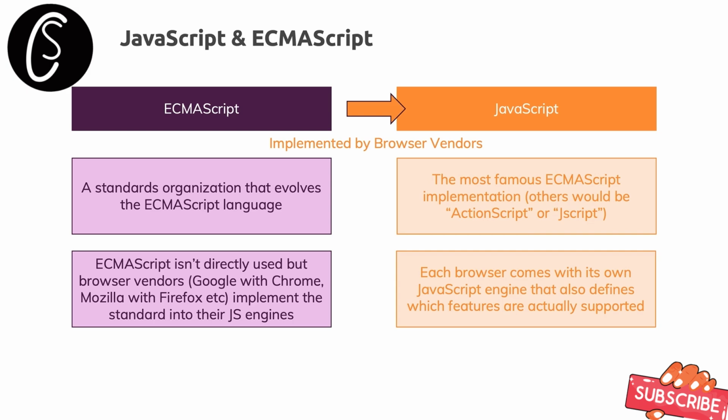So whilst discussions might still be going on over final implementation details, browser vendors could already go ahead and implement a certain feature in their engine already, so that you can already use next generation JavaScript code earlier in one browser than in the other. And that's also something I'll come back to in the browser support module, where you will learn how to use next-gen JavaScript when writing your code and still ensuring that it runs in all browsers.